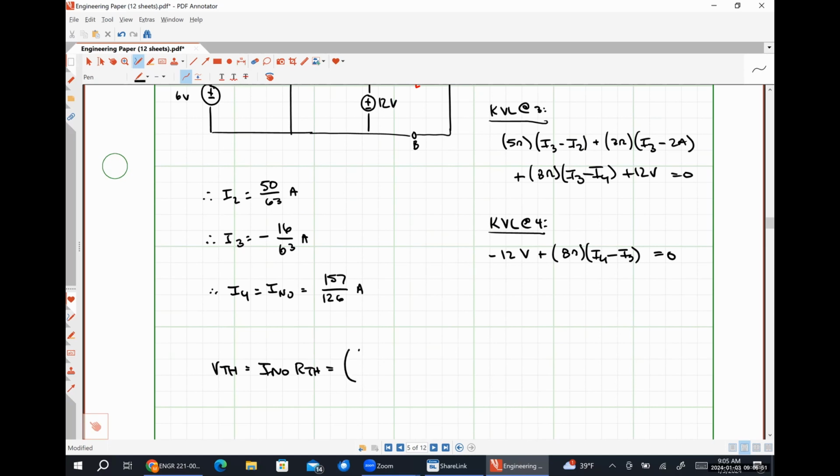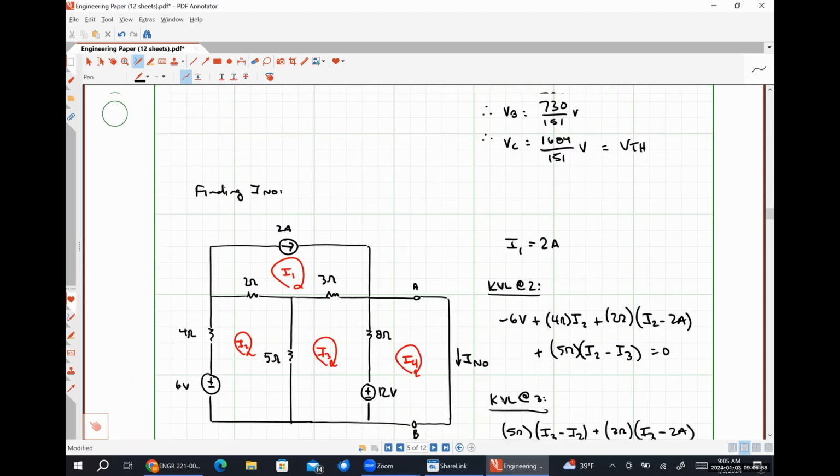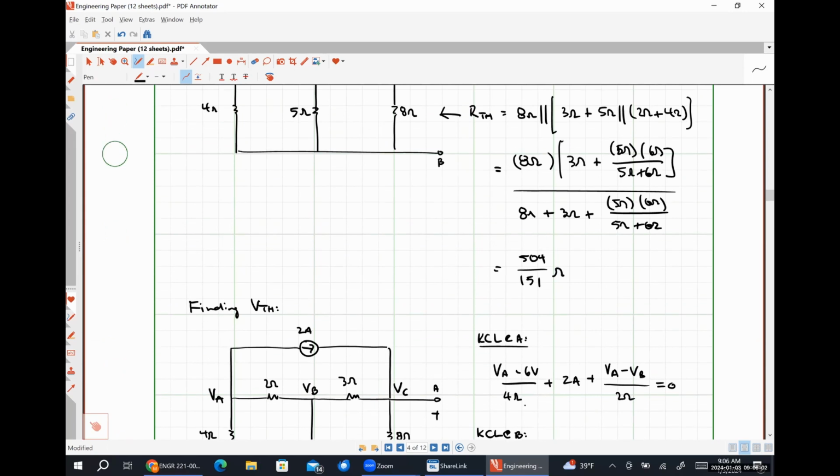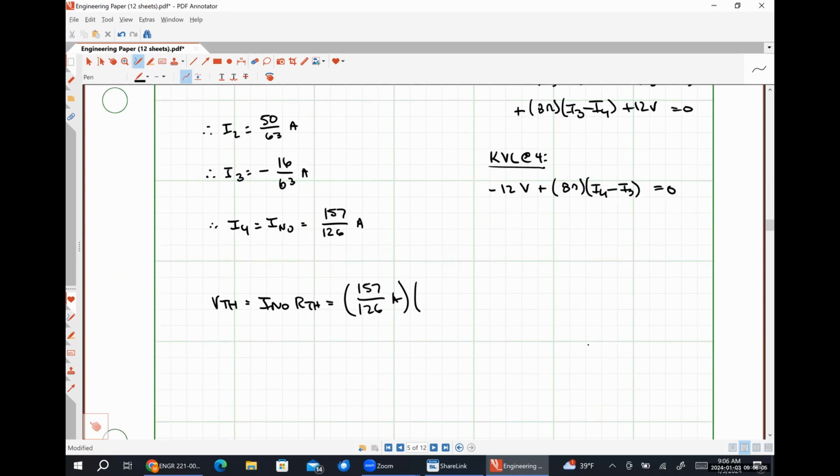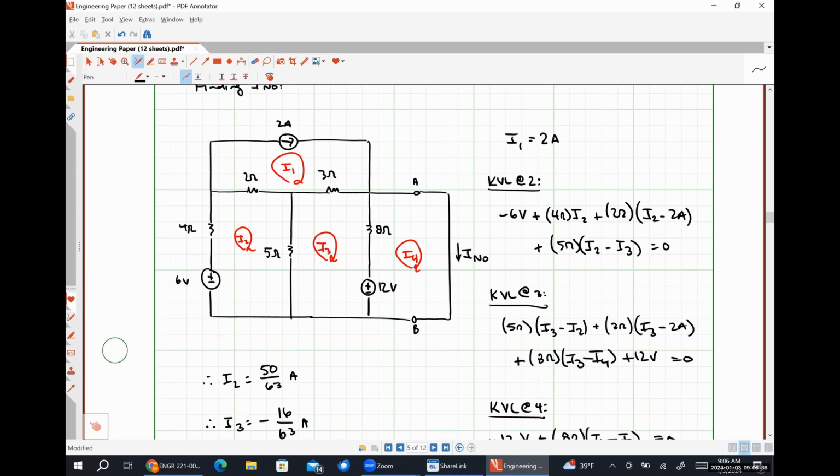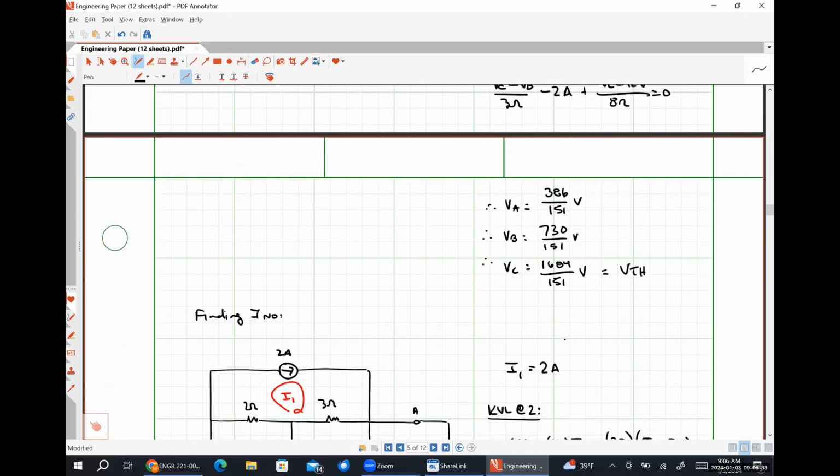So that would be 157 over 126 amps times 504 over 151. 157 over 126. 628 over 151. Which I got.